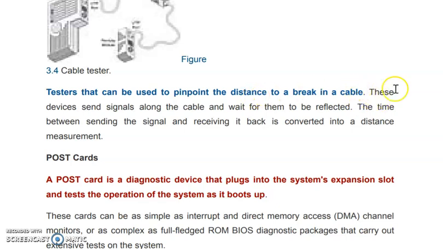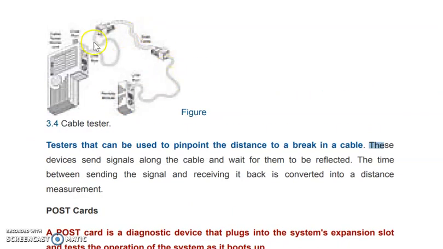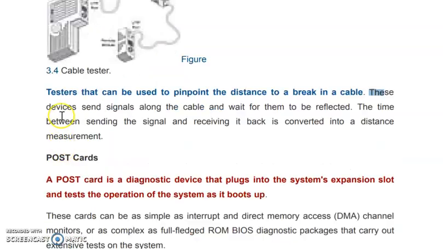So what exactly do these devices do? They send a signal along the cable. First of all, we have to connect the cable and then it will send a signal. After sending the signal, it will wait for it to be reflected, to see where exactly it gets reflected.